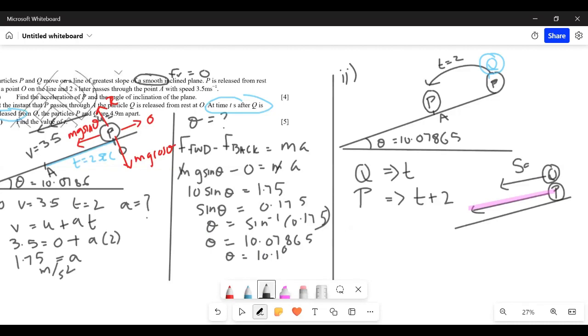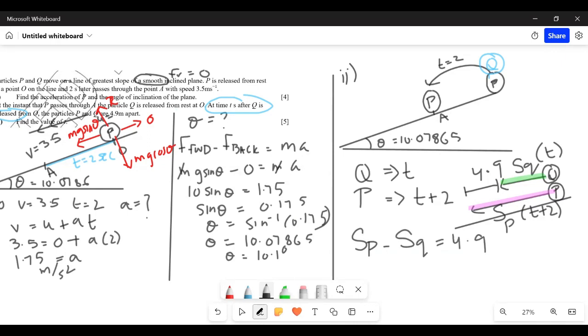So this is going to be the distance covered by Q, and the time we used for Q is going to be T, and this is going to be the distance covered by P, and the time we'll use for that is going to be T plus 2. And the distance apart is 4.9 meters. So this is 4.9. So that means the equation we're going to use is that the distance covered by P minus the distance covered by Q is going to be 4.9 meters.